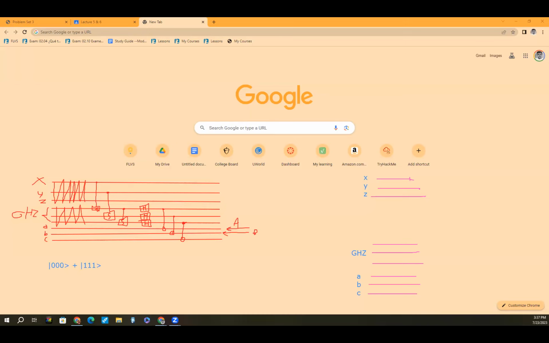We can call it e to the i pi over 4, right? And then I was thinking that TS would just be pretty much i. So it's sort of like the 0 state plus i times the 111 state. I was thinking that because S was the square root of the Z gate, which is [1 0; 0 -1]. Take the square of that. That's [1 0; 0 i]. So that's what I was thinking.